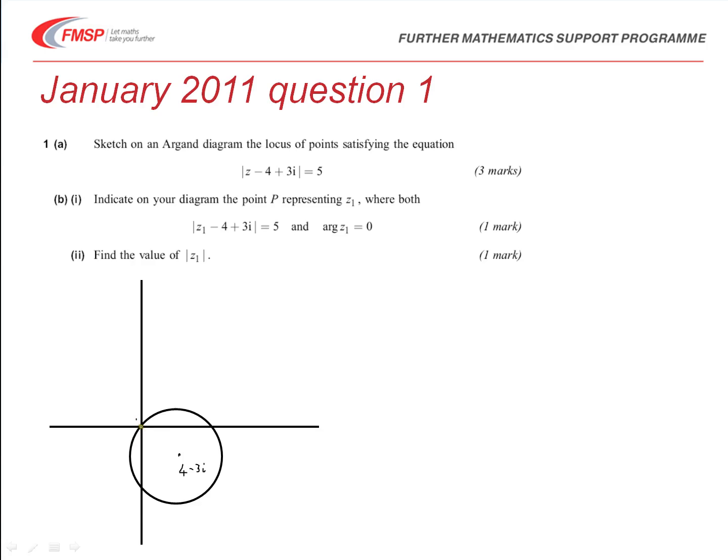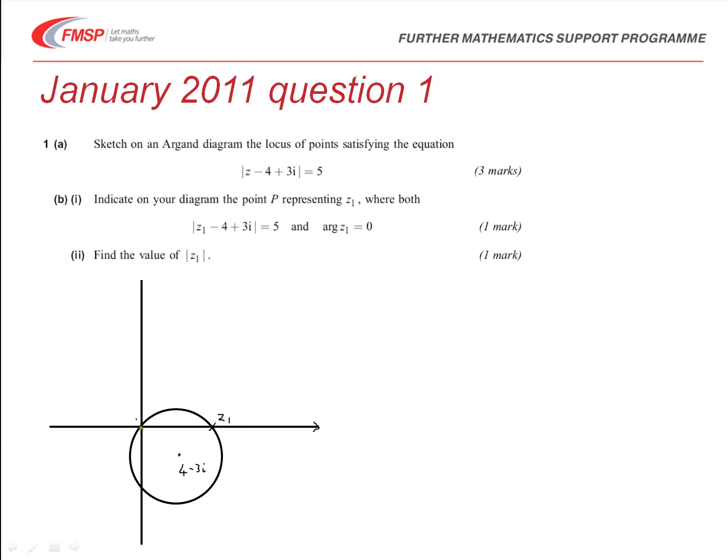Okay, having done that, in part B it asks you to mark the point z1 where the argument of z1 is equal to 0. Now you should know that this line going in this direction has an argument of 0, and so the key point that you want is going to be here at this point. So this is going to be the point z1. Now notice there is only one point for z1.